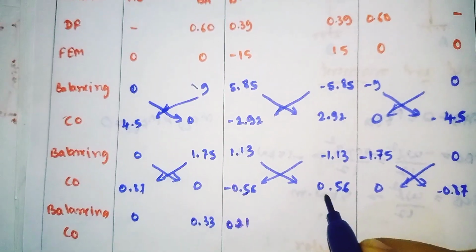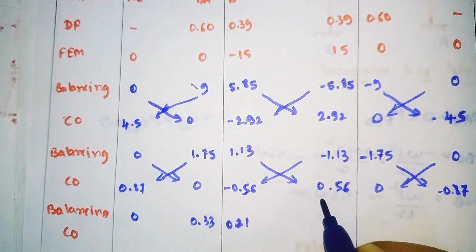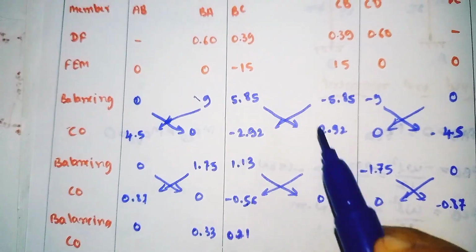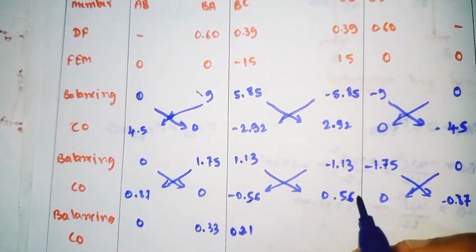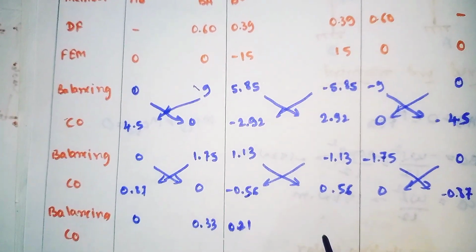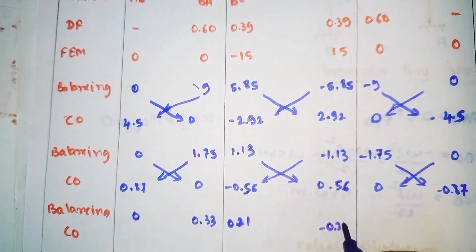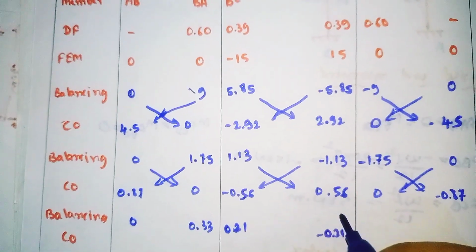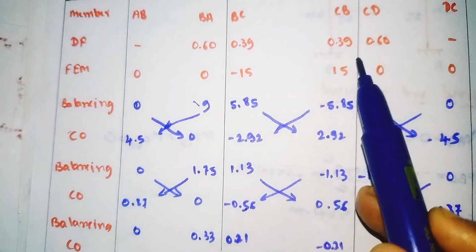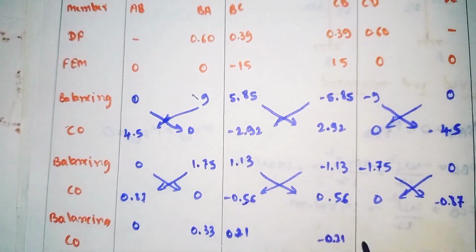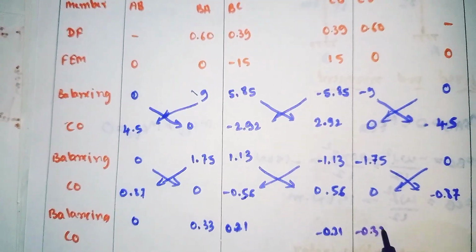Here also 0.56 becomes negative, that is minus 0.56 into 0.39, it will come minus 0.21. And here minus 0.56 into 0.60, it will come minus 0.33.